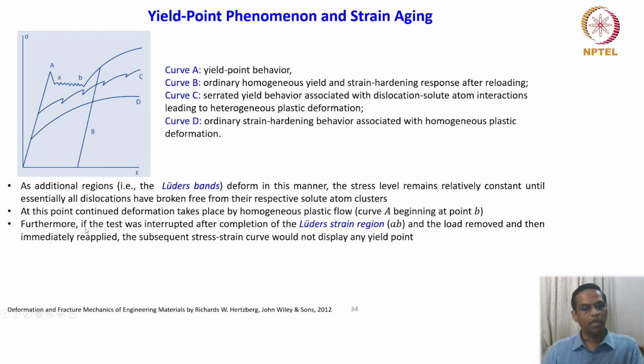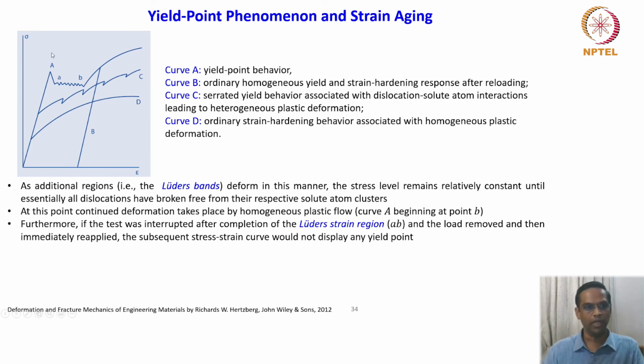Furthermore, suppose the test was interrupted after the Lüders band region, when the material starts to deform homogeneously; you stop in between and then unload. If the test was interrupted after completion of Lüders strain region AB, and the load removed and then immediately reapplied, the subsequent stress strain curve would not display any yield point.